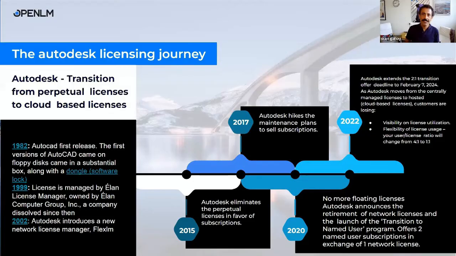So let's just start and talk a bit about the history of Autodesk licensing. The first release of Autodesk was in 1982, and it was released as software on floppy disk with dongle licensing, which is still very popular today with many software systems.